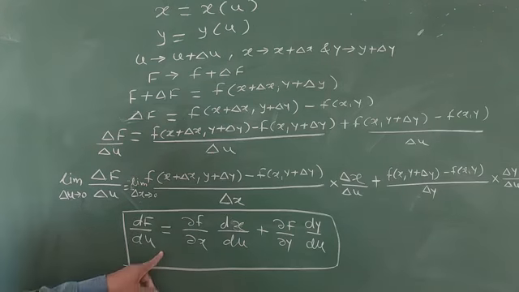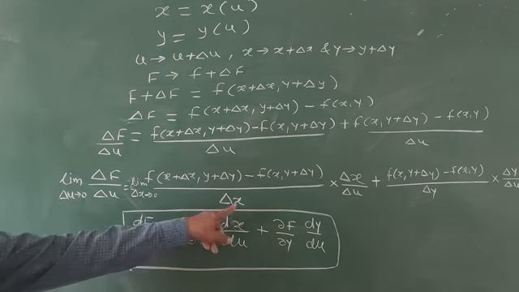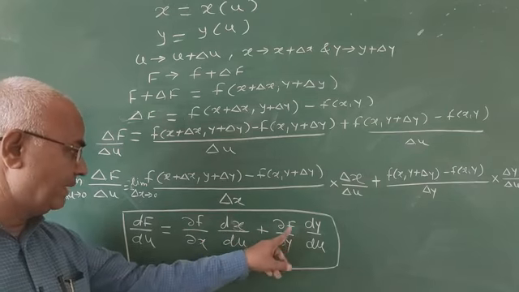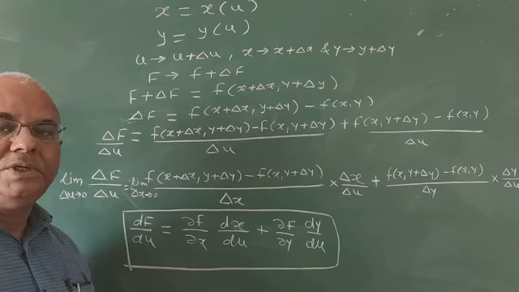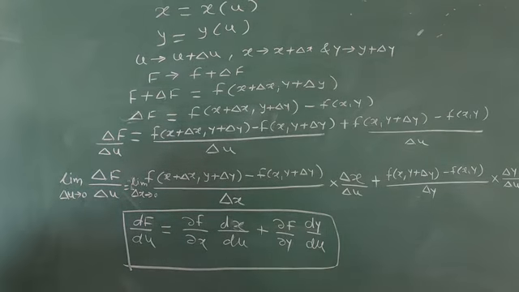df by du is equal to del f by del x into dx by du plus del f by del y into dy by du. Suppose we consider f as a function of three variables x, y, z.